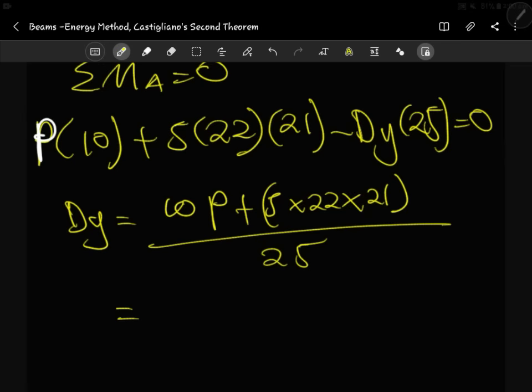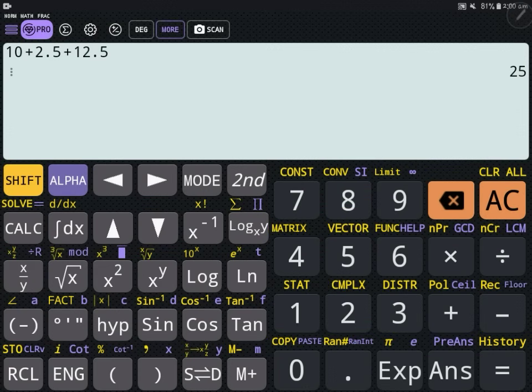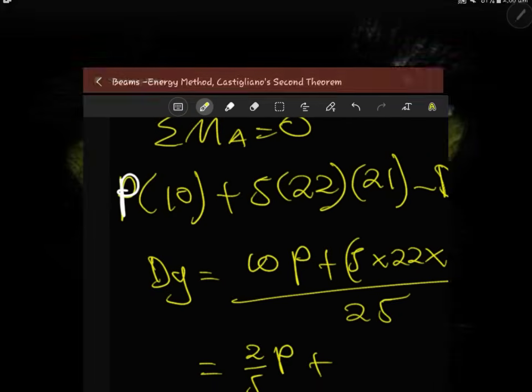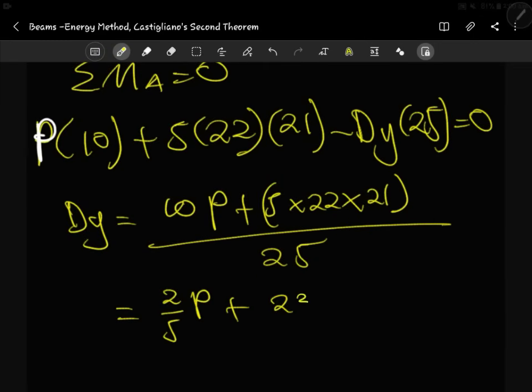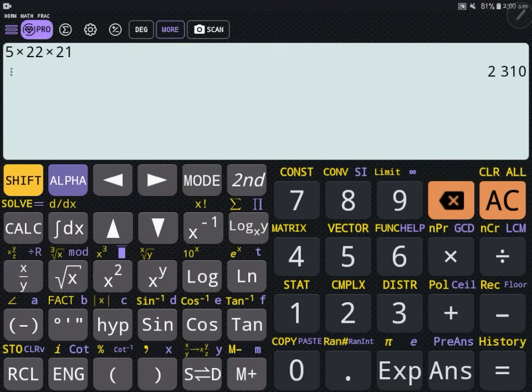What do we end up getting? Let's see. 10 on 25. 5 goes to 2. 5 goes to 5P, right? 5, 22, 21. Let's see. So we have 2310 on 25. That's what we have.